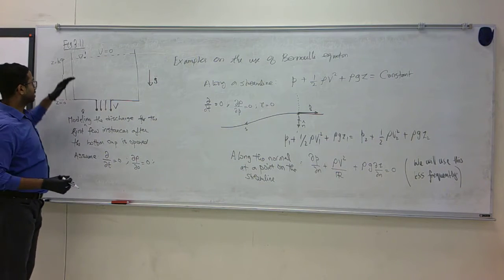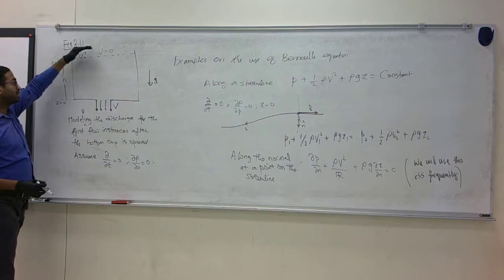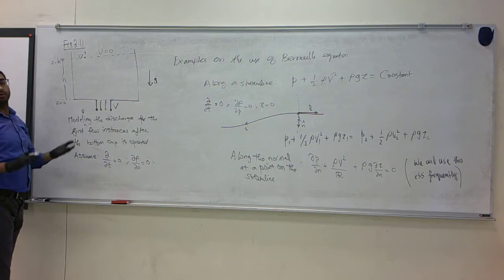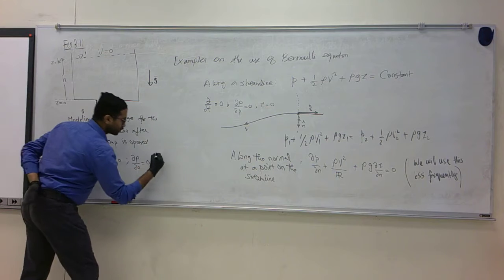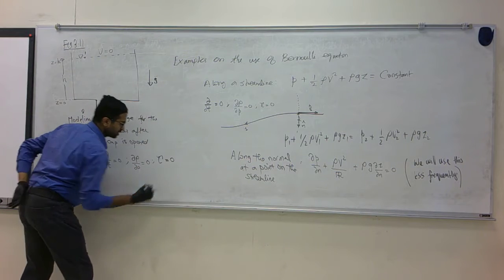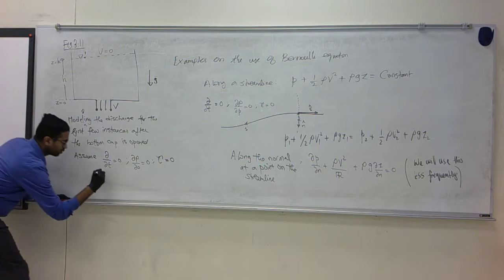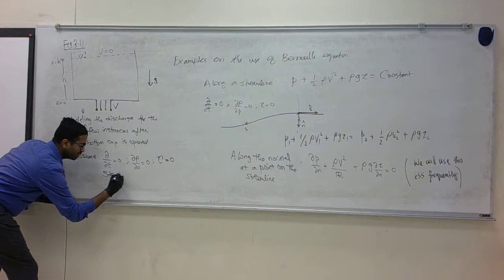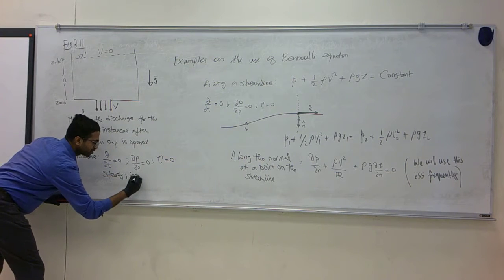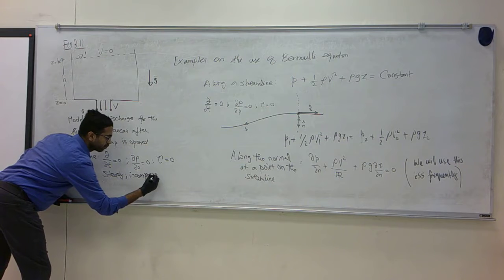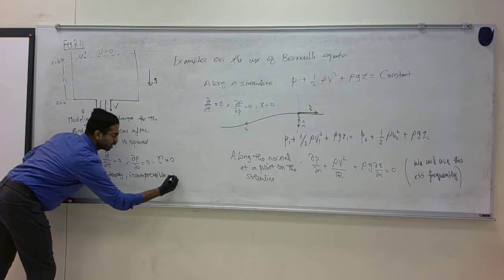So we just say that the fluid is moving only due to gravity and the pressure difference. We don't talk about viscosity yet. So we say the flow is inviscid. So these are my assumptions: steady, incompressible, inviscid flow.